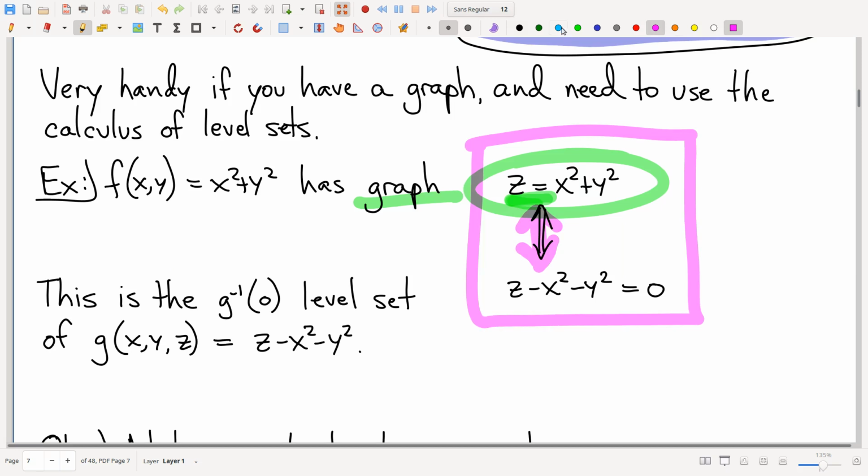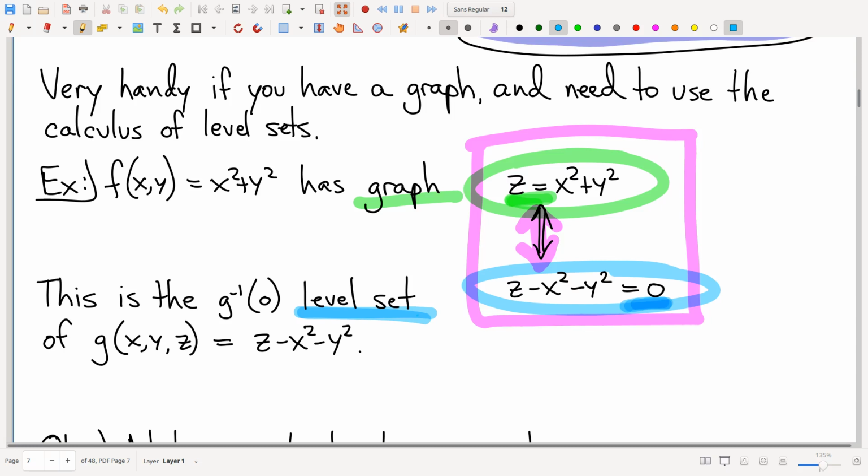And yet now, the exact surface that I was given, the graph of f that I was initially interested in, I'm now viewing as a level set of this other function. So can I use the calculus of level sets? Yeah, sure, to G. I can talk about the calculus of level sets of G because I am looking at a level set of G. Does that make sense? Everybody?